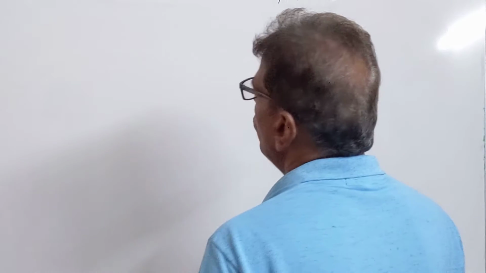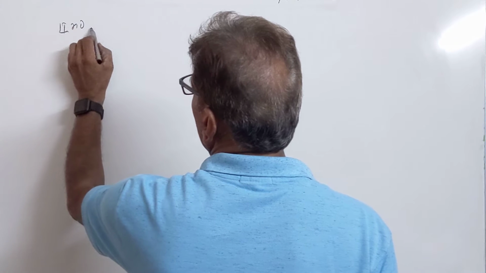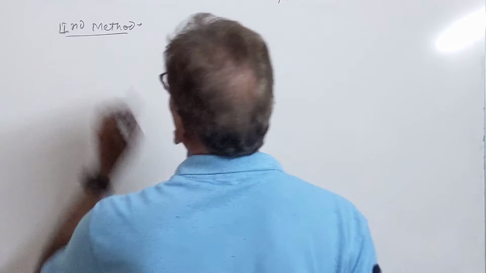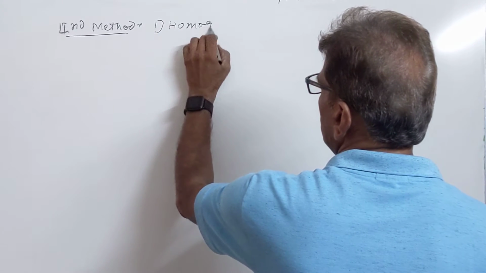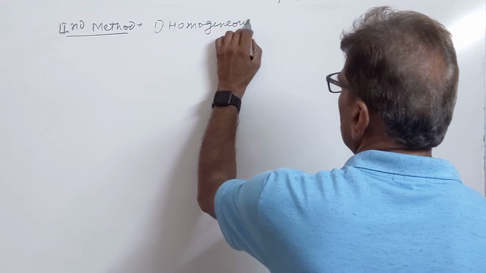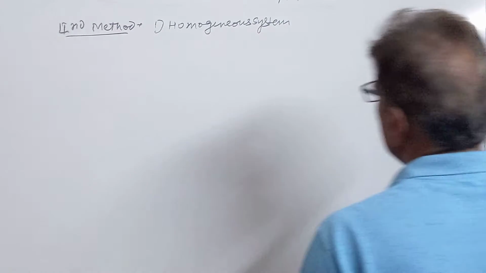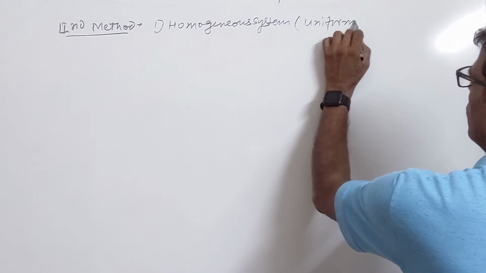What is a homogeneous and what is a heterogeneous system? So we are taking the second way of classifying systems. Number one is the homogeneous system. This is the system of uniform composition.